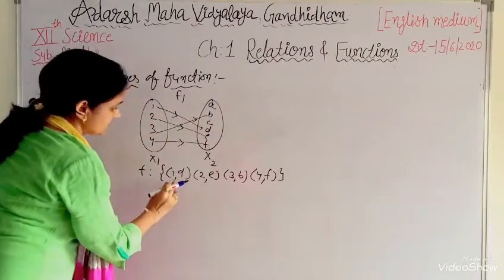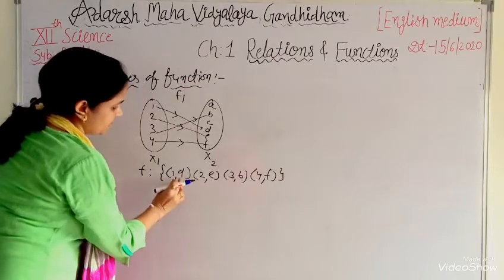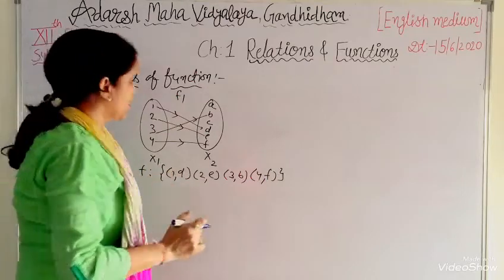Okay student, since images of distinct elements 1, 2, 3, 4 (D, E, B and F) are different.